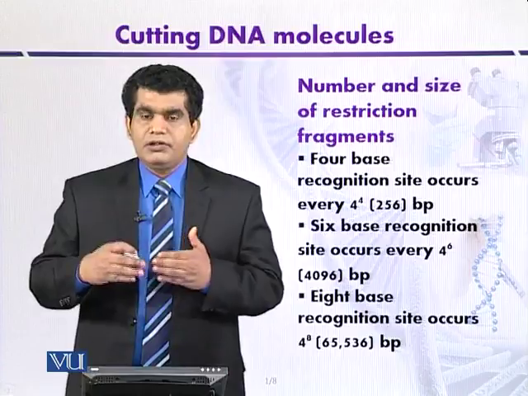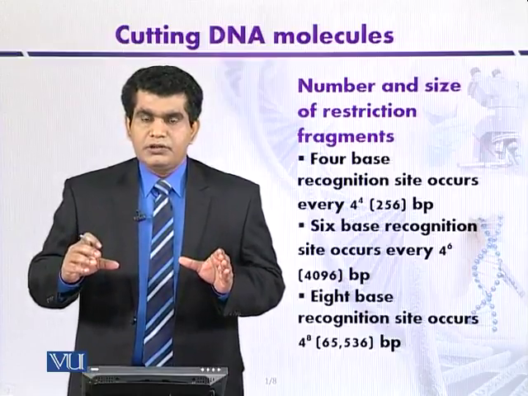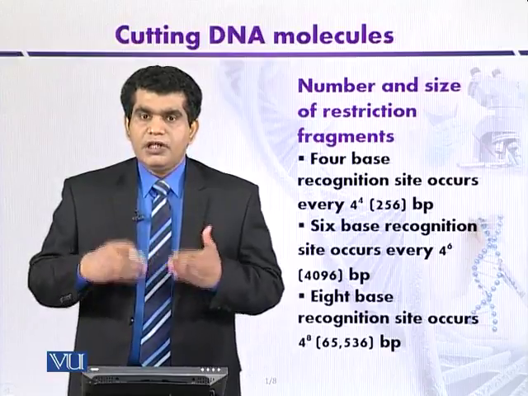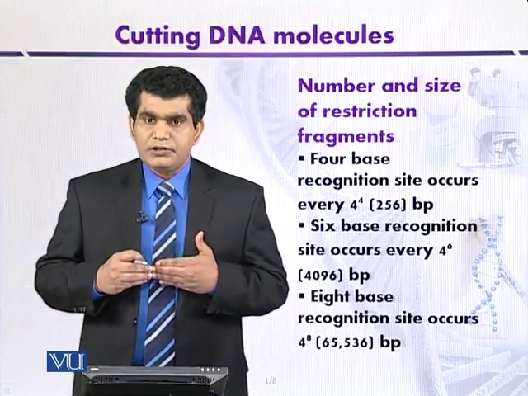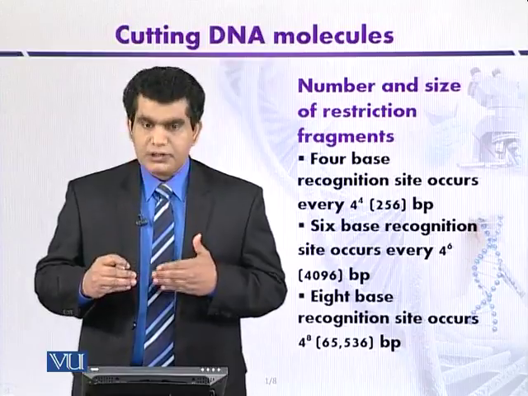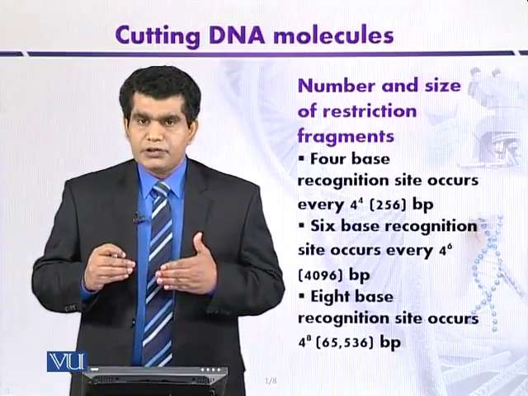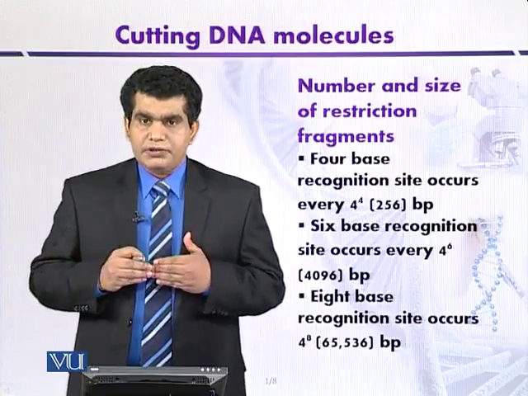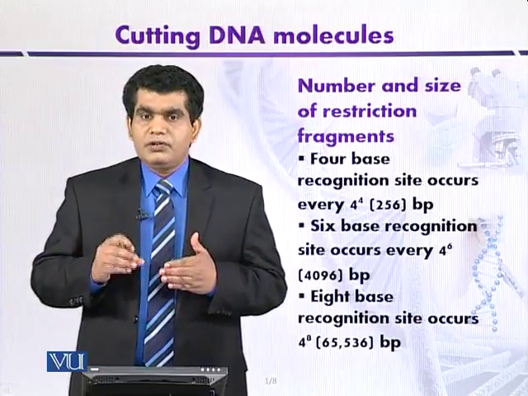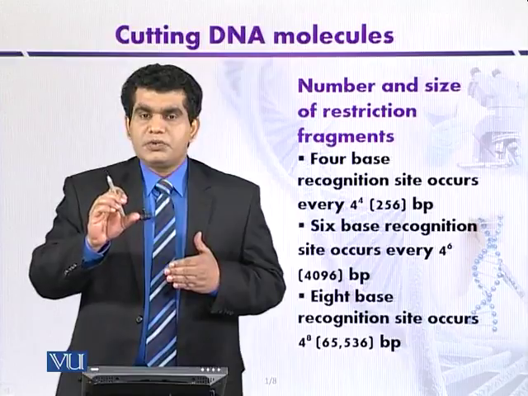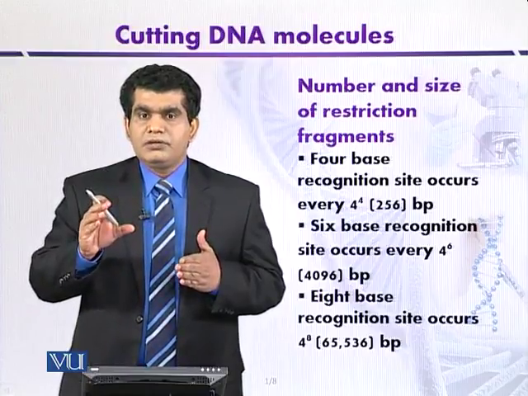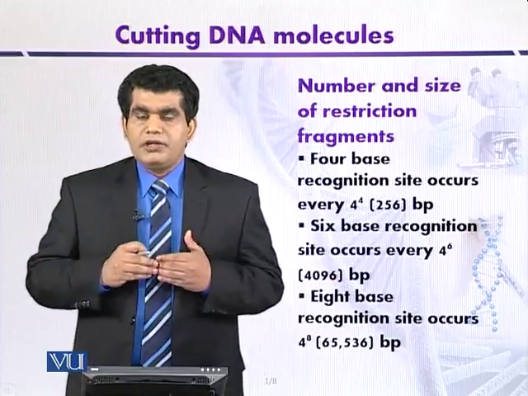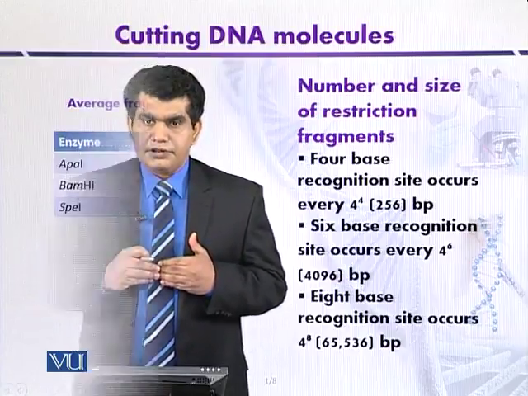And similarly, if the target sequence is composed of 8 base pairs, then we can assume that it will be repeated after every 65,536 base pairs. So if the length of the target sequence is higher, then the more lengthy DNA fragments will be generated.